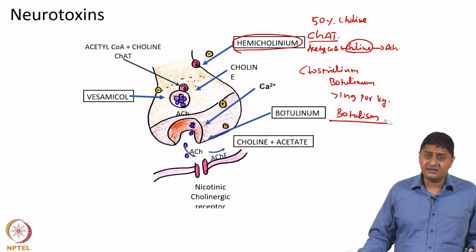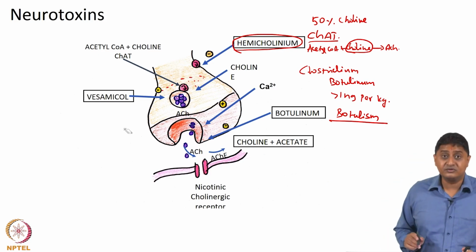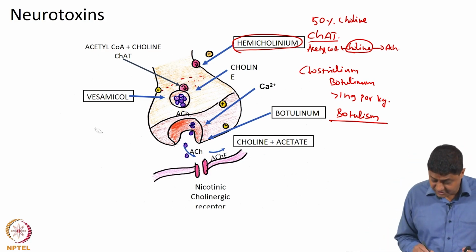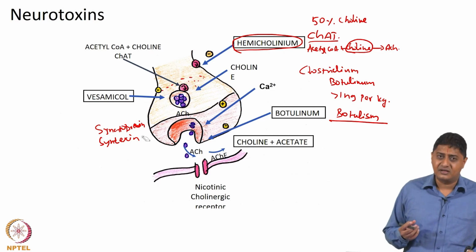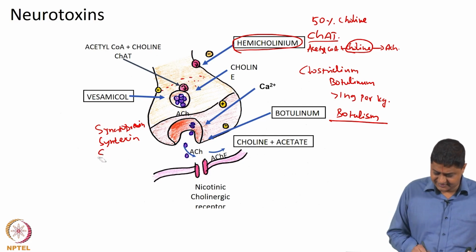Okay. How does botulinum toxin itself work? That is the question. The release of acetylcholine is caused by the action of synaptobrevin and syntaxin, which basically form a part of a group of proteins called SNARE proteins.